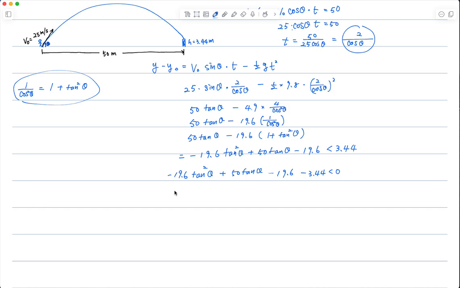So this will be negative 19.6 tangent squared theta plus 50 tangent theta minus 23.04.